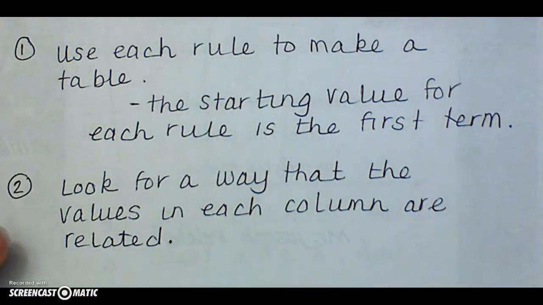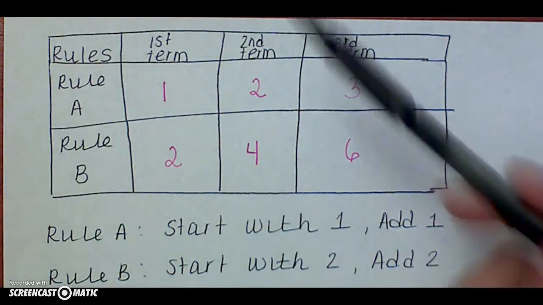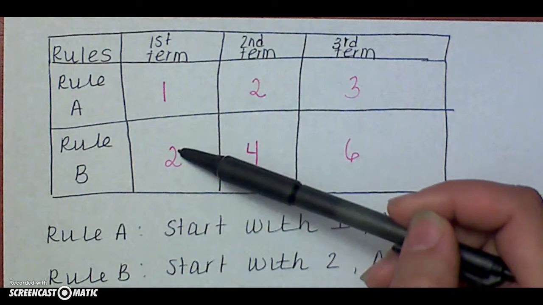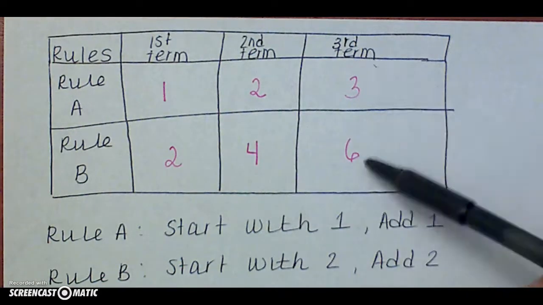Now we have to do the second thing, which is look for a way that the values in each column are related. So first I want to point out that in the beginning we took notes on a definition called corresponding terms. So here's where you see that. These are corresponding terms. 1 and 2 are corresponding. 2 and 4 are corresponding. 3 and 6 are corresponding.